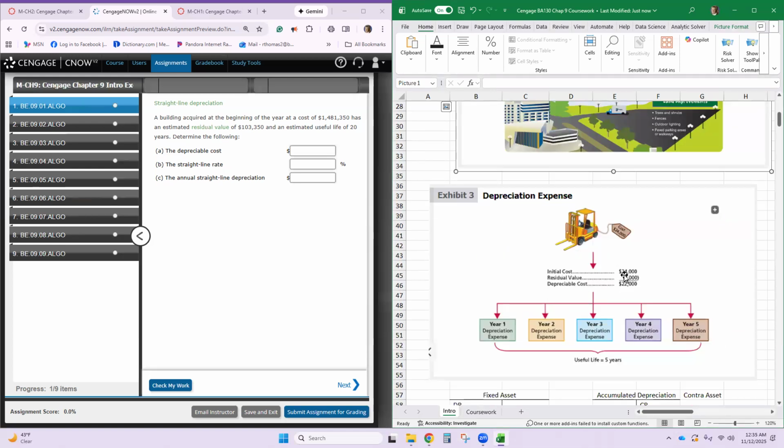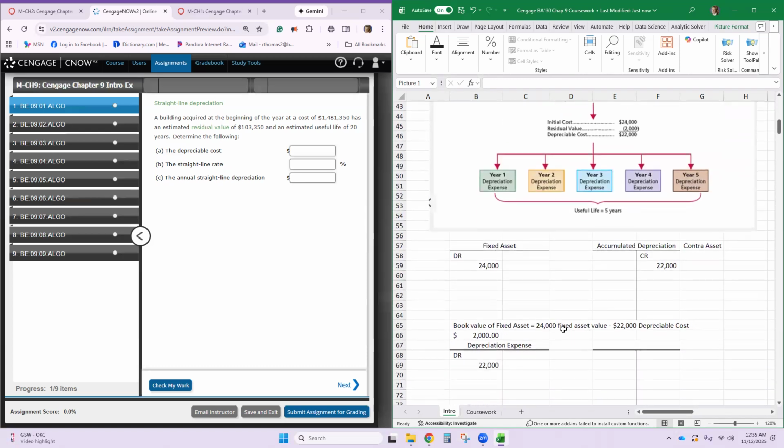So if you take the initial cost, subtract any residual value, you get a depreciable cost. Depreciable cost is going to be spread out over the next 5 years, which is its useful life.